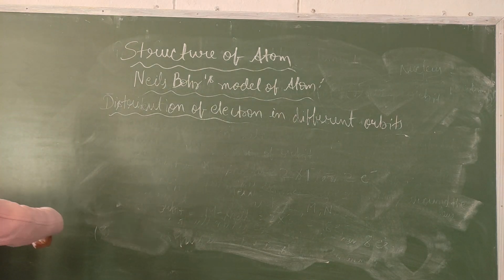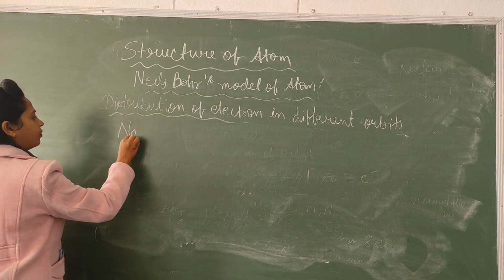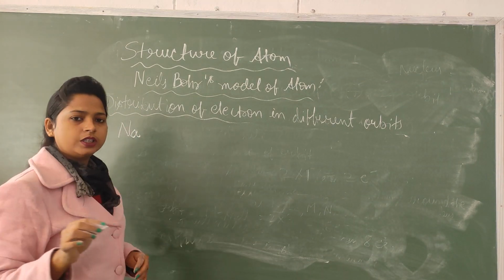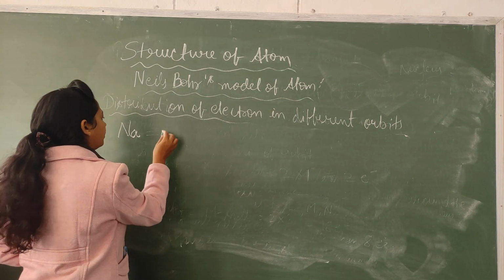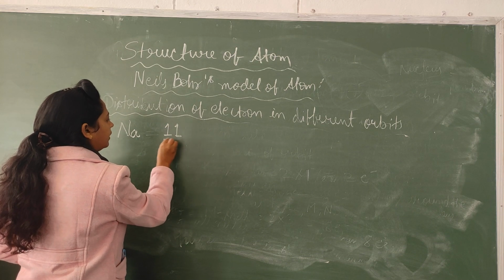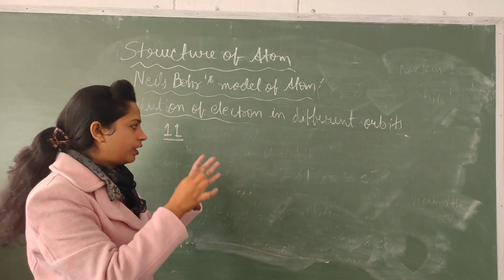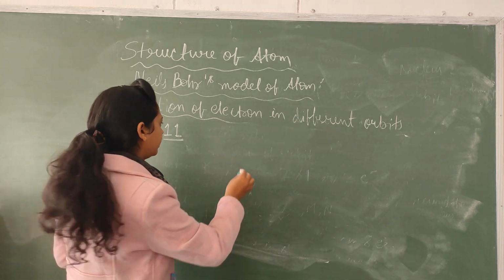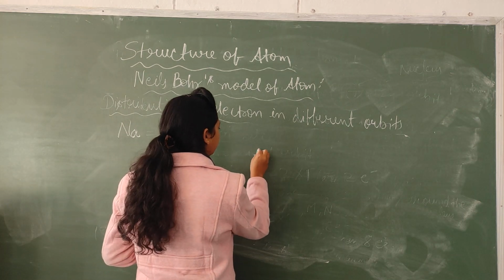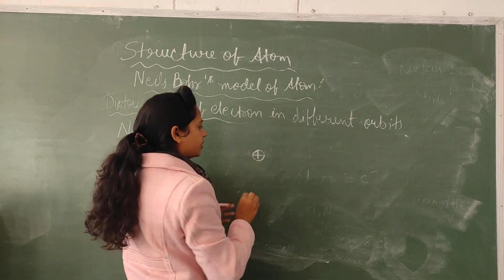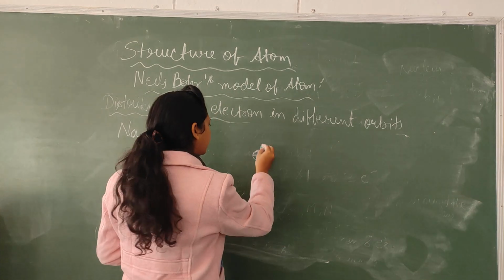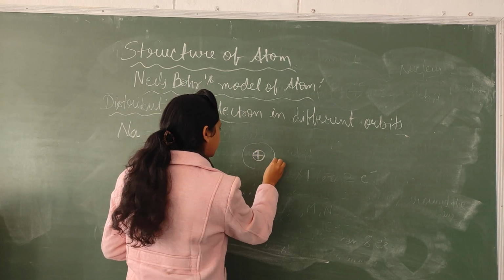Now let's see sodium. Sodium has 11 electrons. So we have to arrange 11 electrons in different orbits. Got it? First we make the nucleus. Then this is the first orbit.